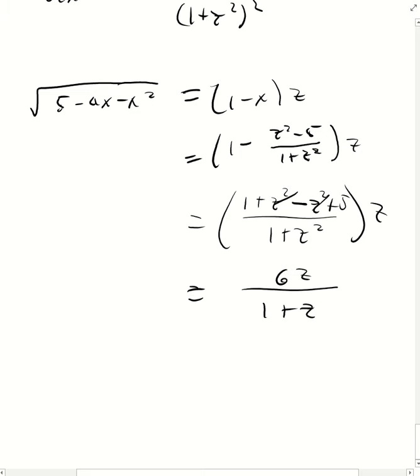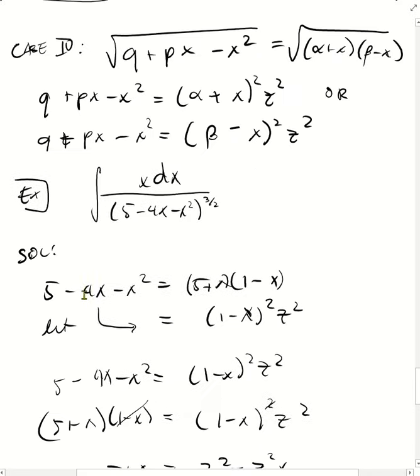And we can now make the substitution to the problem, the integral of x dx all over the square root of 5 minus 4x minus x squared, then you just cube this one.